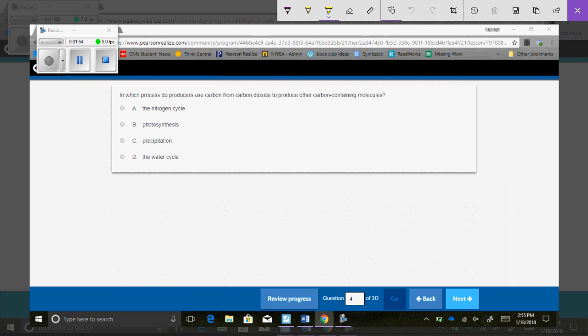Question 4. In which process do producers use carbon from carbon dioxide to produce the other carbon-containing molecules? A, the nitrogen cycle, B, photosynthesis, C, precipitation, or D, the water cycle.